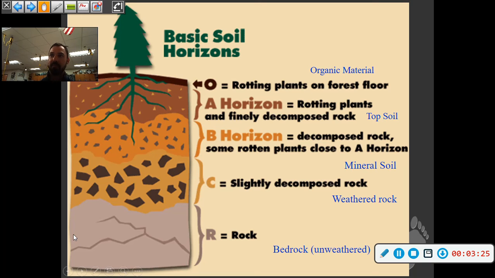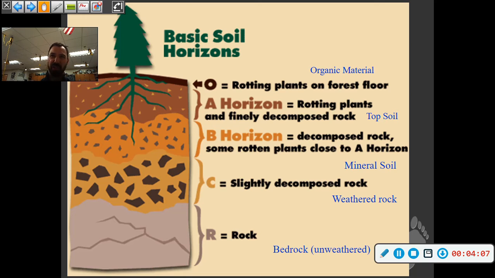When you're digging, the first layer that's very thin on the top is organic material, so we call it the O horizon. Next, underneath that, still pretty nice soil. This is what we plant our grass in, also known as topsoil. This is rotting plants and finely decomposed rocks, so still pretty small sediment size and also filled with organic matter. You get deeper, you start hitting rocks. The B horizon is composed of rock and some rotten plants, so we call this mineral soil.